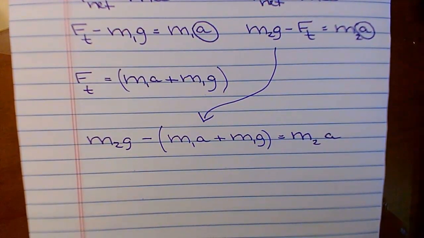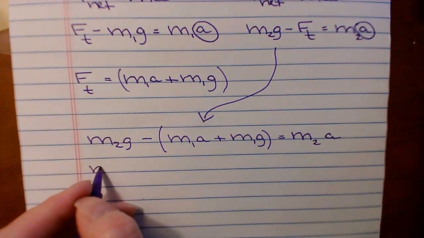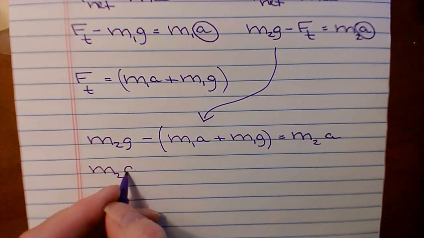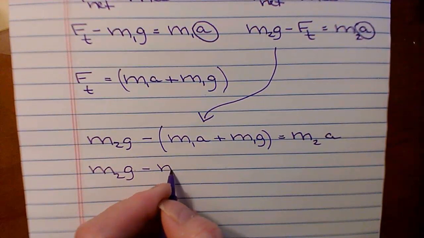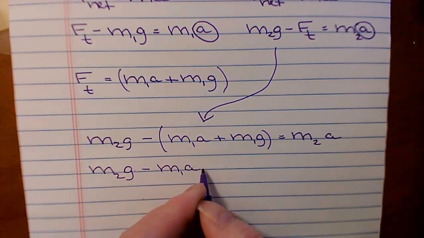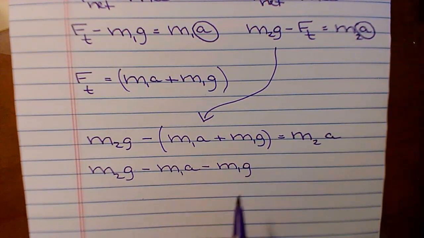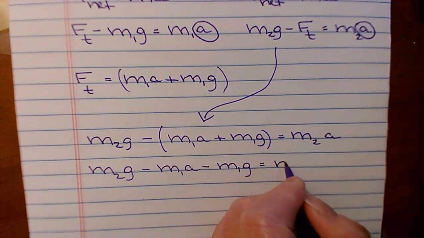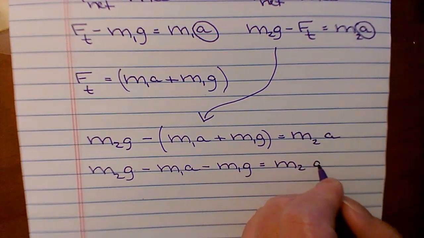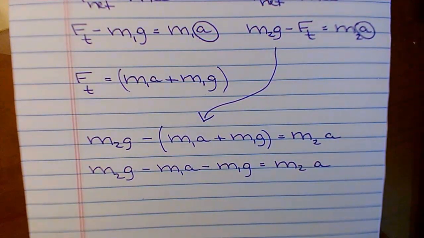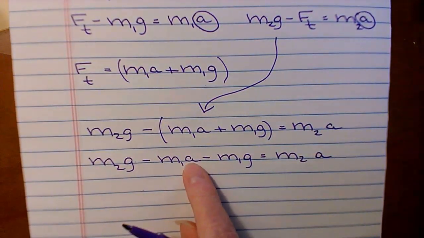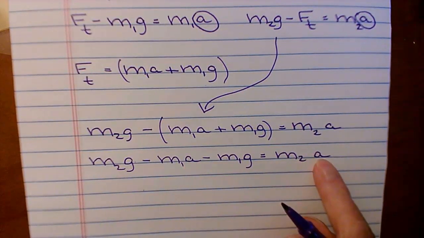Derivations are nice and logical. So I'm going to take this and I'm now going to distribute that negative sign. So M1A minus M1G equals M2A. I'm supposed to be solving for A. I have an A here and I have an A here.